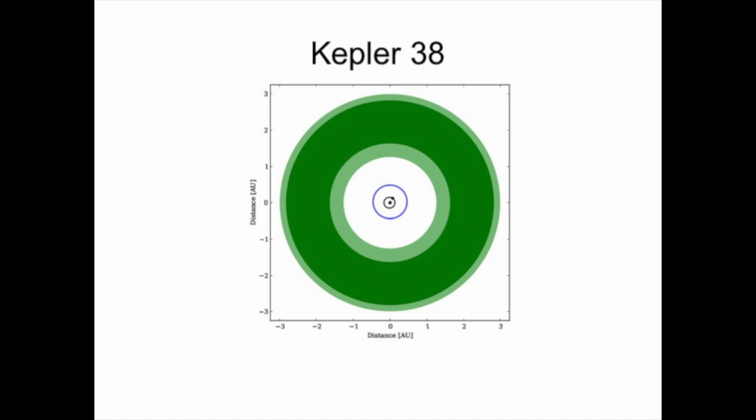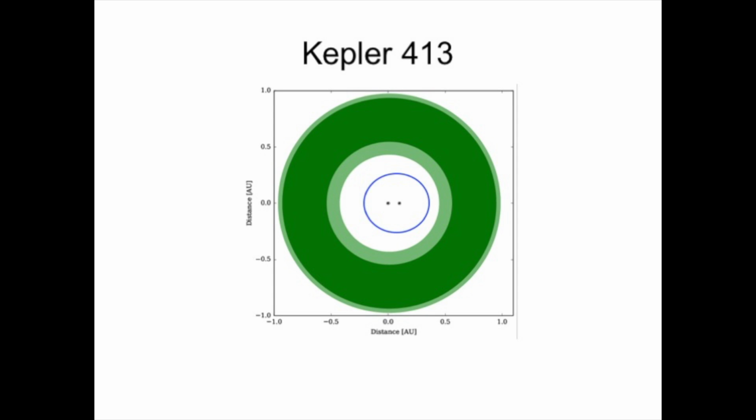Then here we have a binary system that is a little bit wider, and the highly eccentric planet orbit. Here, the planet is somehow inside the habitable zone, and this other one, it's even more in the middle of the habitable zone, the known planet.